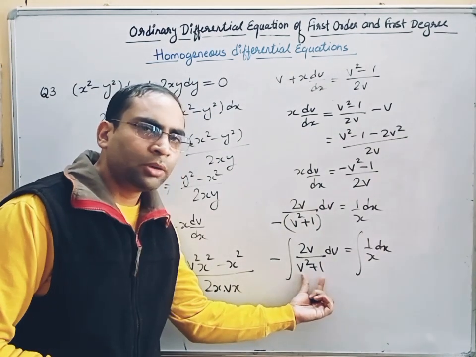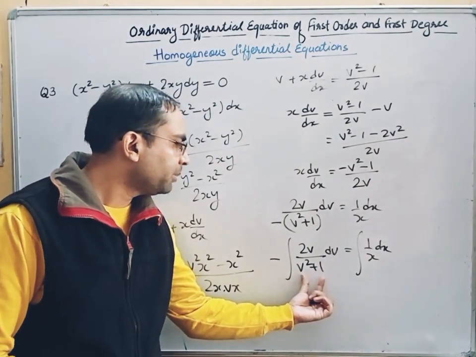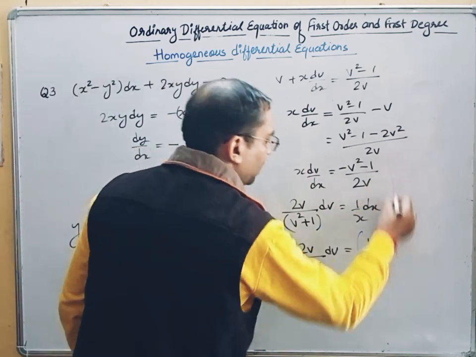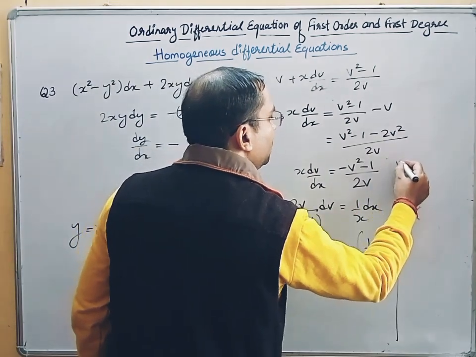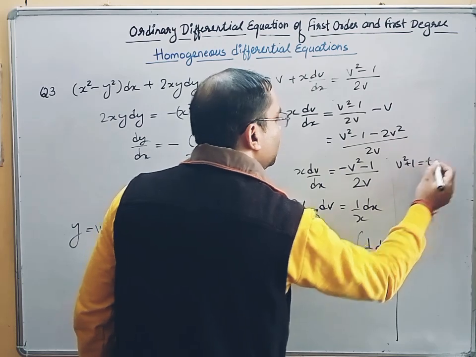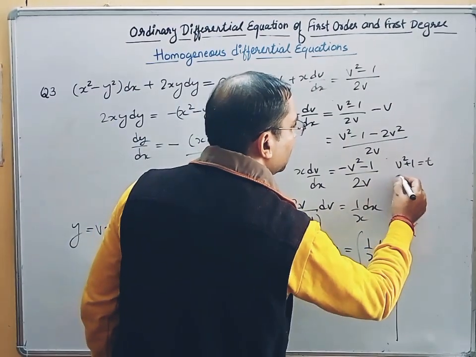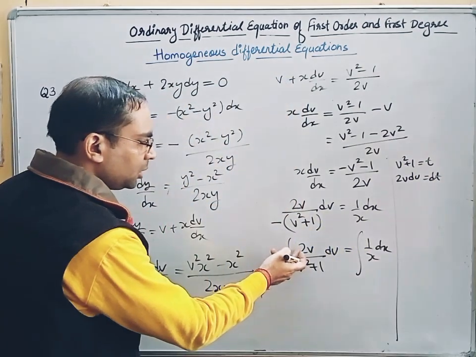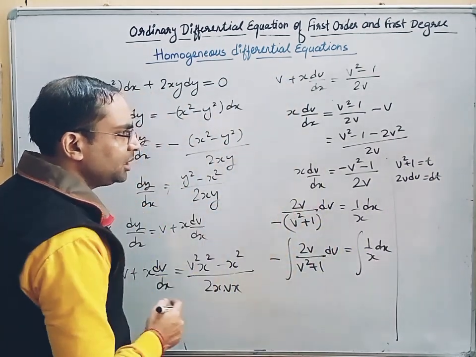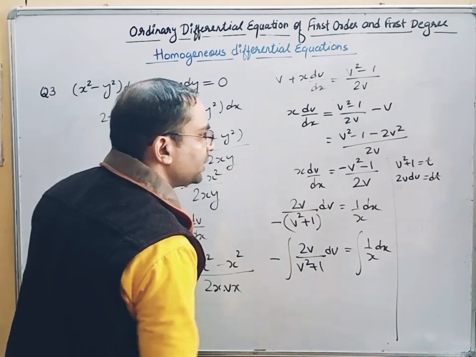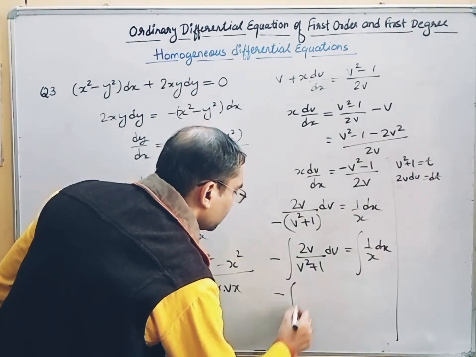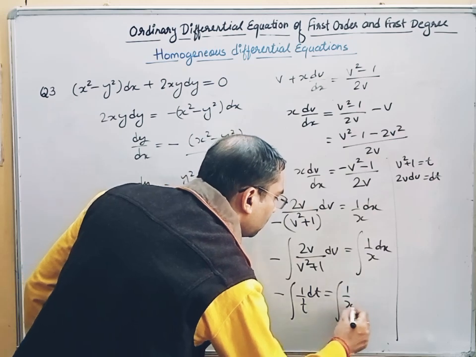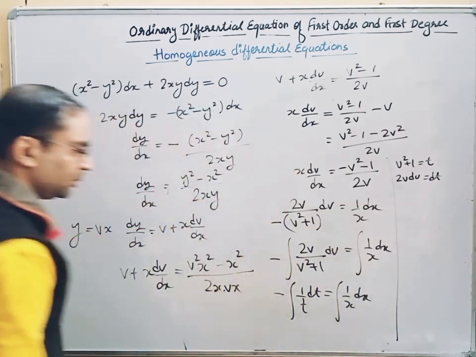This can be solved using the substitution method, where we'll take v square plus 1 as t. So let me write it here. This is v square plus 1 as t. On differentiating, 2v dv will be dt. So in the numerator 2v dv is dt now, and v square plus 1 is t now. So this is minus 1 upon t dt is equal to integral 1 upon x dx.